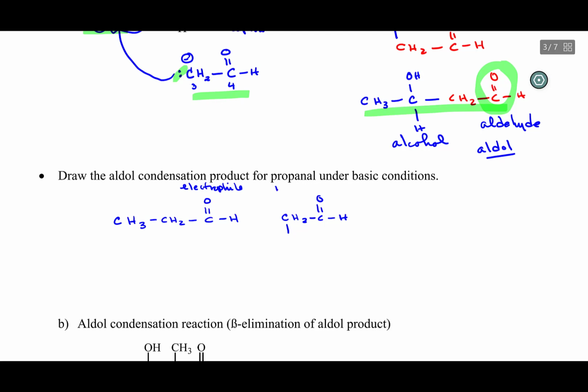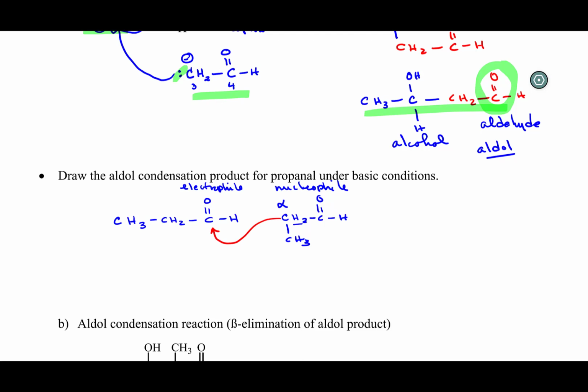So this is my nucleophile. So here's my alpha, and this is what I'll know is going to happen. One of these hydrogens will go away. One of those will go away. But this, let me get a different color pen, is going to attack here, like that.